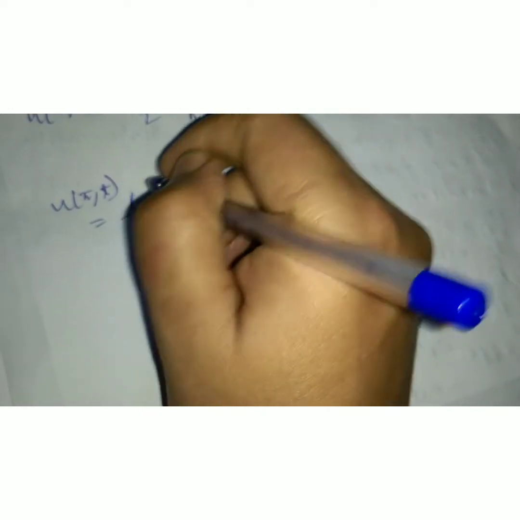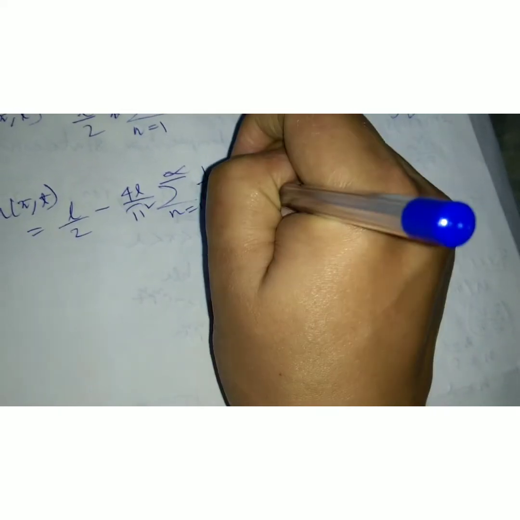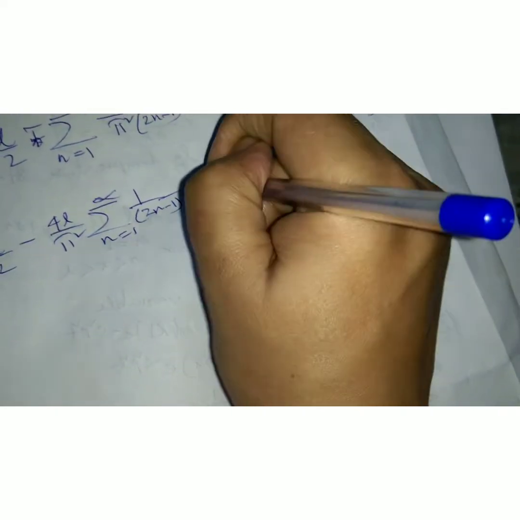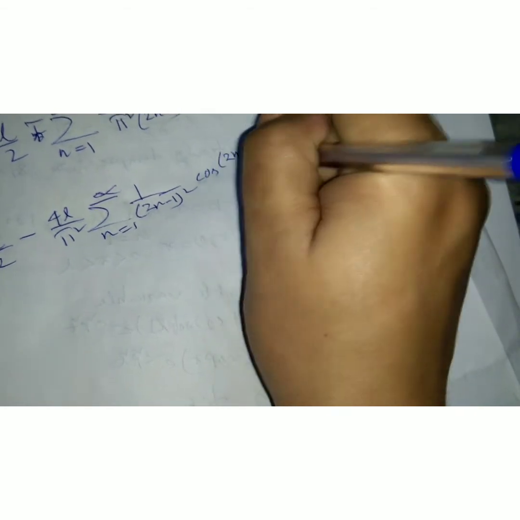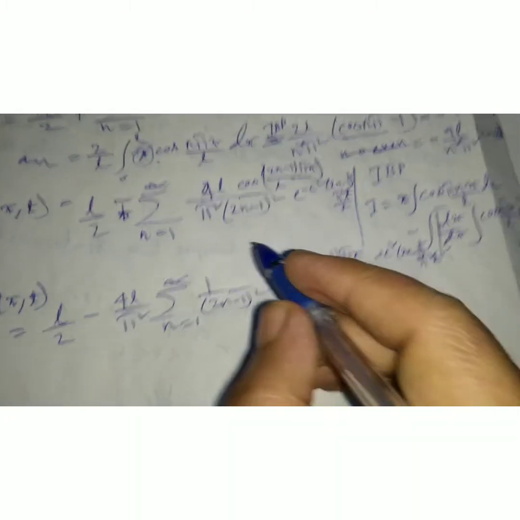I write it a fresh way. Whatever I get, u(x,t) is equal to L by 2 minus 4L divided by pi square summation n equals 1 to infinity 1 by (2n minus 1) whole square cos (2n minus 1) pi x divided by L e to the power minus c square (2n minus 1) whole square pi square t divided by L square, as n is equal to odd, in the case of odd.